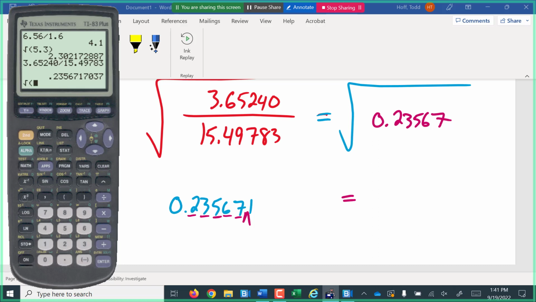So I can enter my square root symbol here, then in my calculator hit the second key, and then way down here by the enter key it says ANS. I hit that key, and it uses the previous answer. So rather than having to write that down and type it back in, I can just tell it take the square root of the previous answer and hit enter. I get 0.48546.